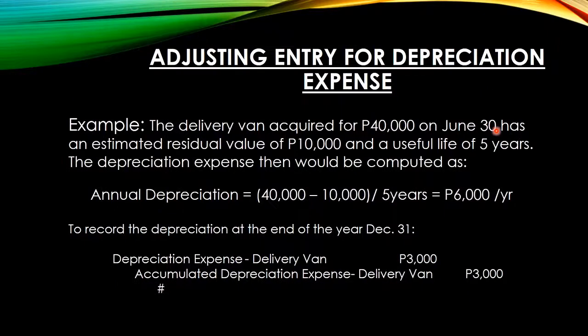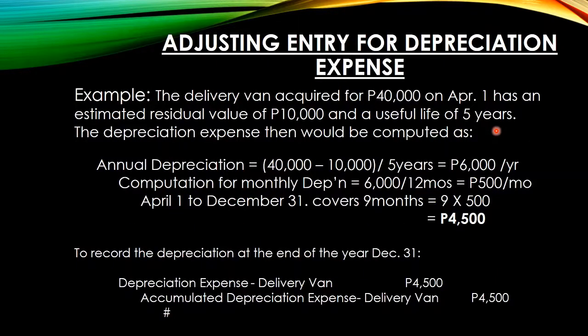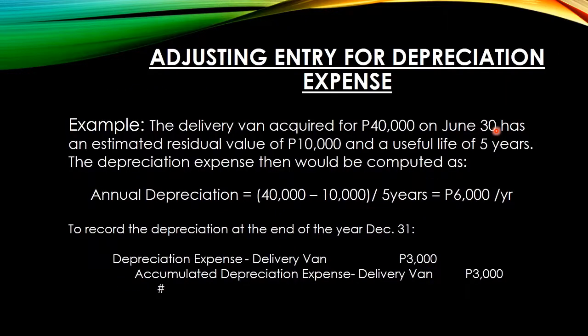Please take note and be careful in counting how many months the entity has covered. So, a tip: if the date is closer to 1, then we include that month. But if it is closer to 30 or 31, then we no longer count that month.